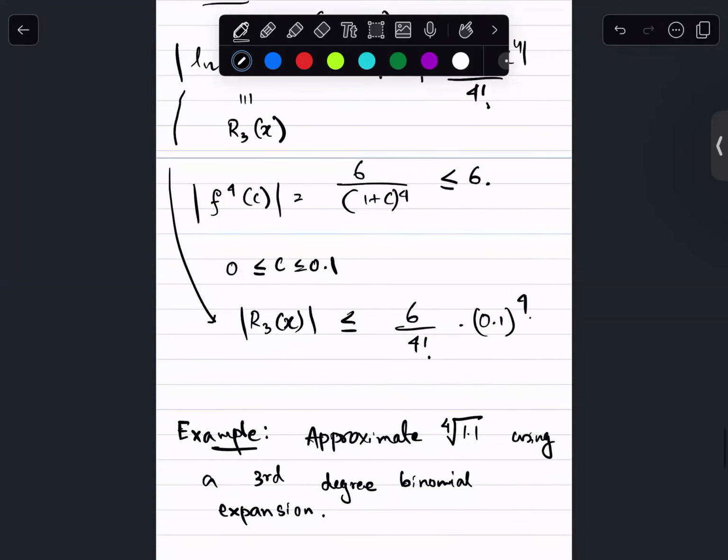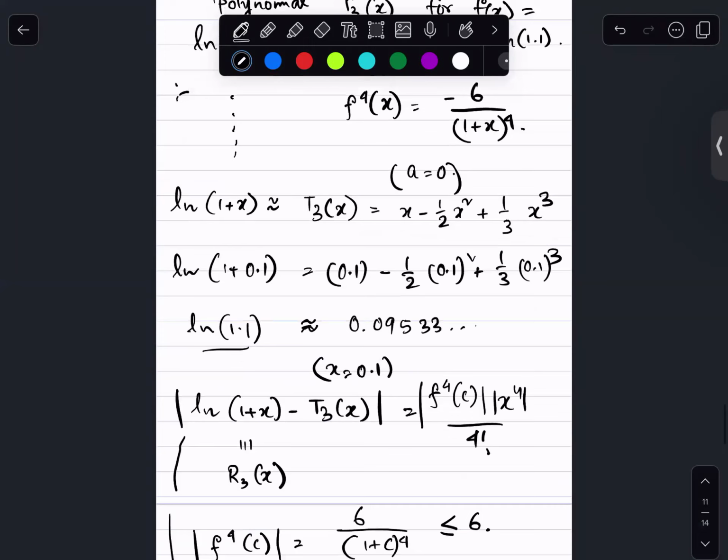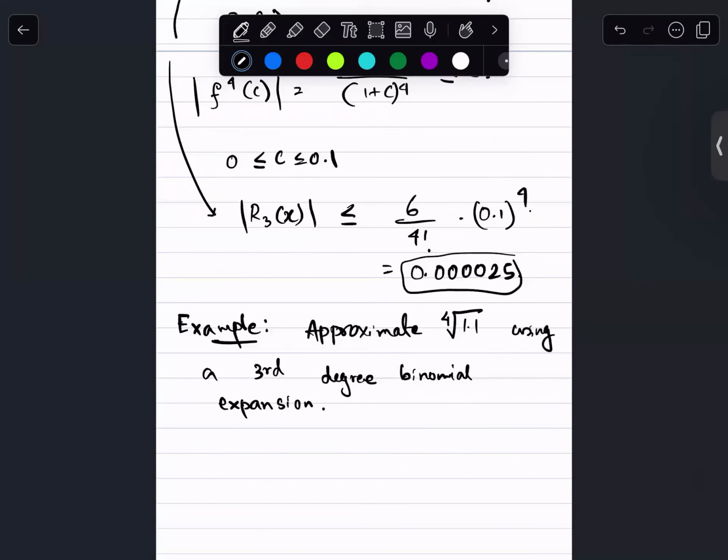And this is nothing but 0.000025. So this is the error with the exact value of ln 1.1. So this value minus this value, if I take the modulus, will be something like this. You see that this error is so small, so this is a very good approximation.